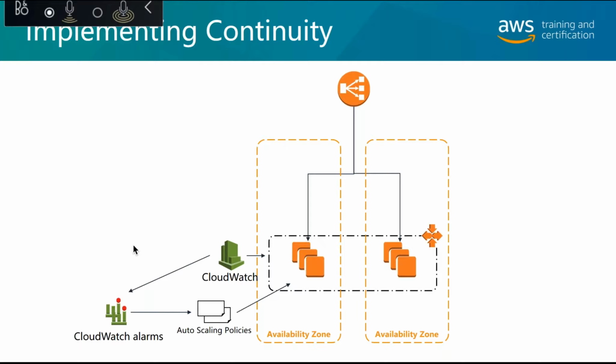Now, when it comes to implementing continuity, let's say I have my EC2 instances in an Auto Scaling group across different AZs. You have a load balancer in the front, and then you have CloudWatch.